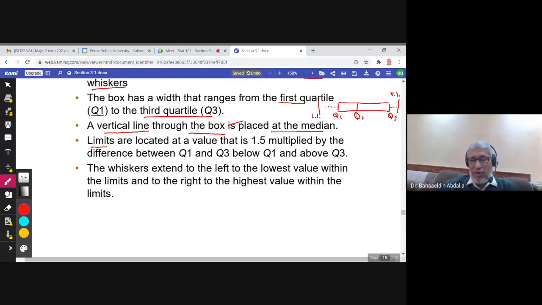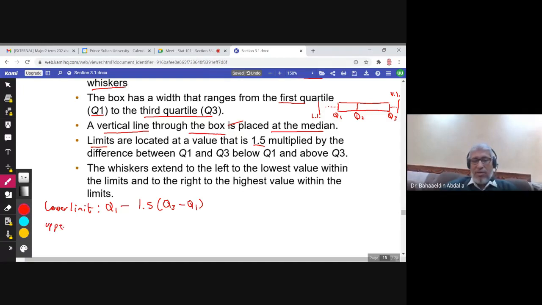The lower limit is below Q1, to the left of Q1, as you see here. It's Q1 minus what? Minus a distance. What is this distance? It is 1.5 multiplied by the difference between Q3 and Q1.